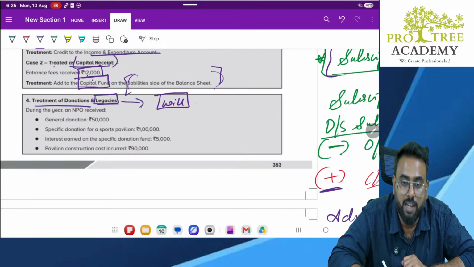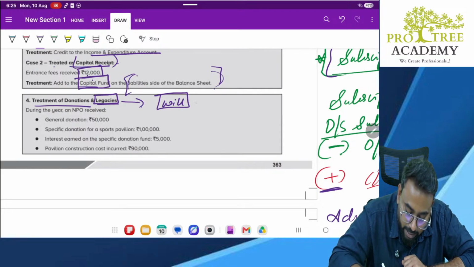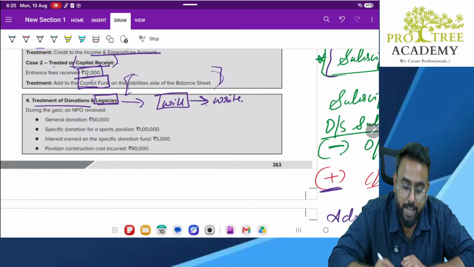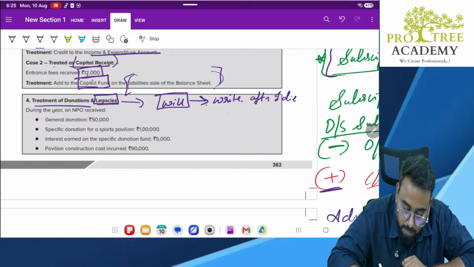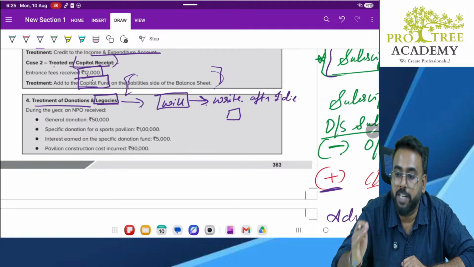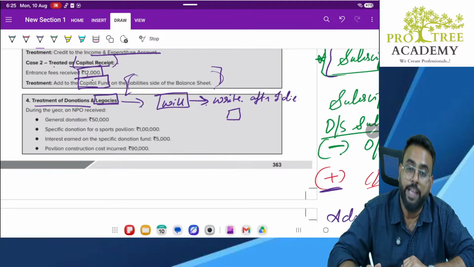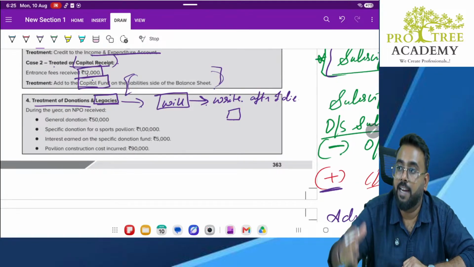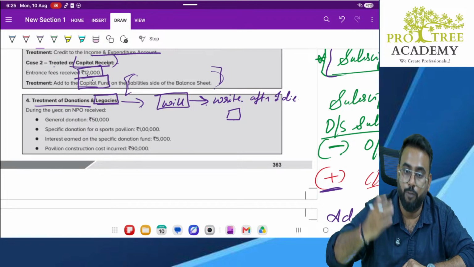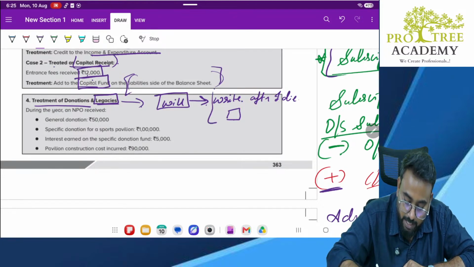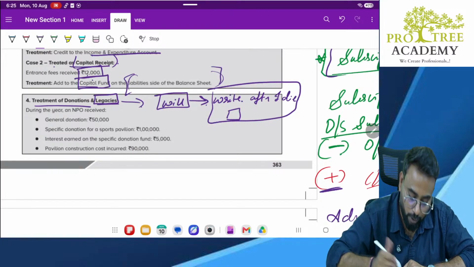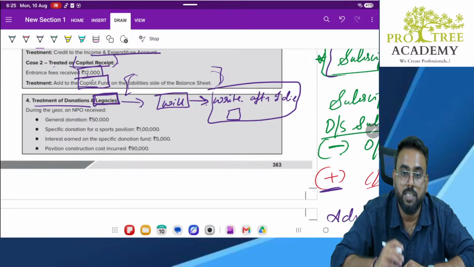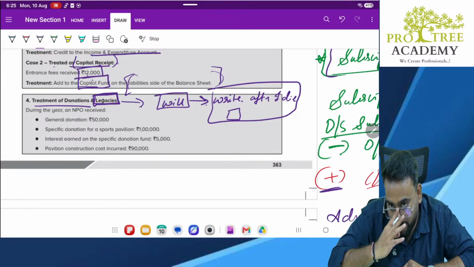In this will, he will write that after my death, this much amount should go to this particular non-profit organization. If somebody has written a will and because of that will we are receiving the money as a non-profit organization, that will be called a legacy donation.